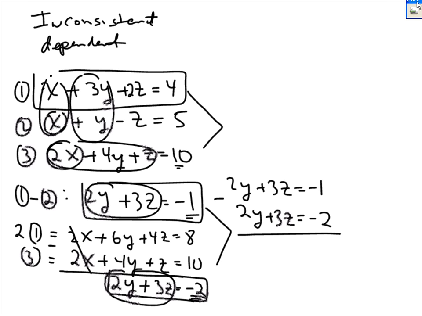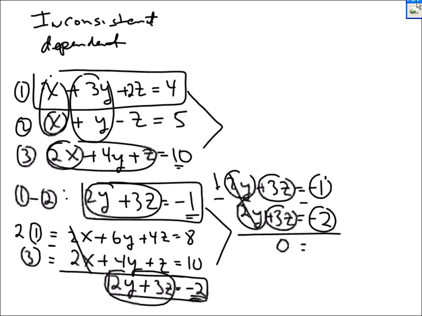I can get rid of y by subtracting. 2y minus 2y is 0, the y's are gone. Coincidentally, positive 3z minus positive 3z is 0. Negative 1 minus a negative 2 is 1. This is not true. This is nonsense. 0 does not equal negative 1. That is inconsistent.